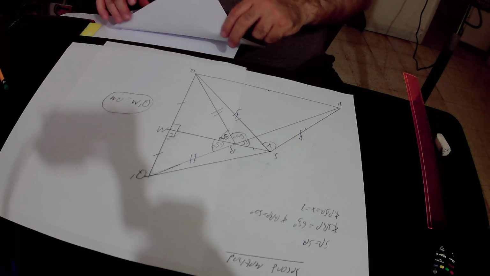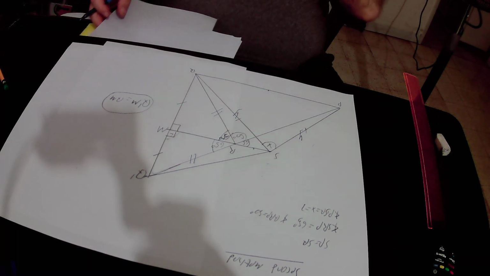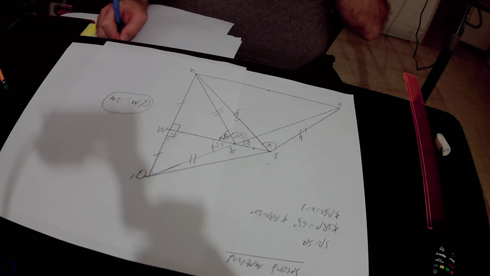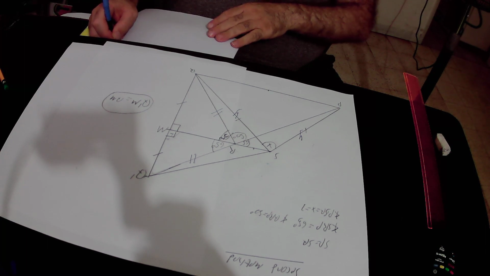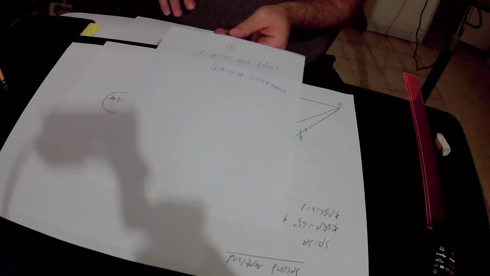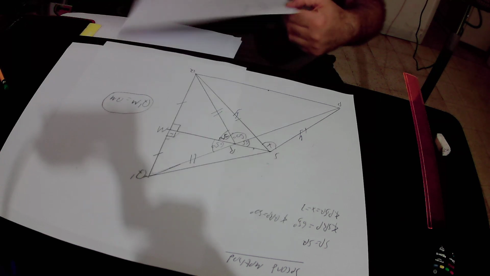So first of all, we know that QM equals Q'M according to our construction. QM is equal to Q'M according to our construction.